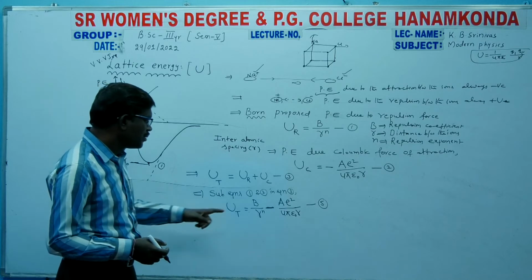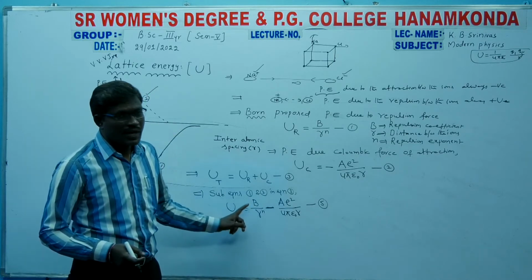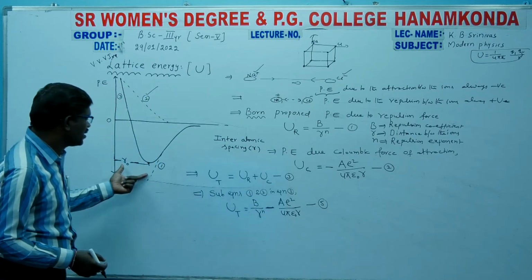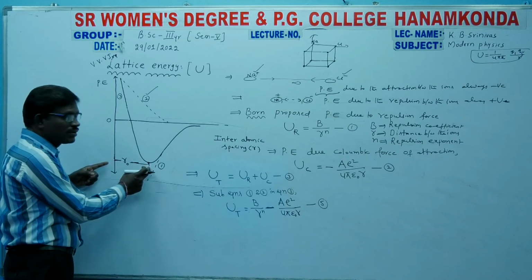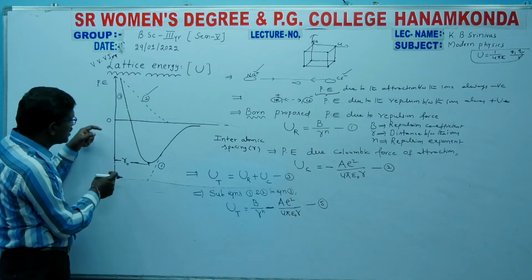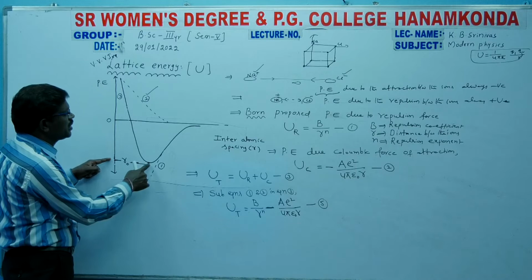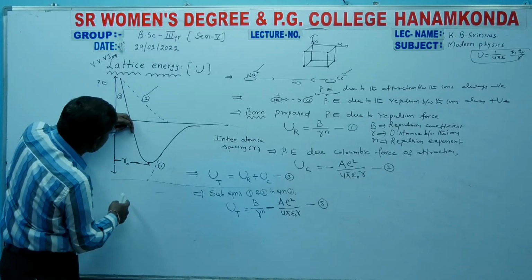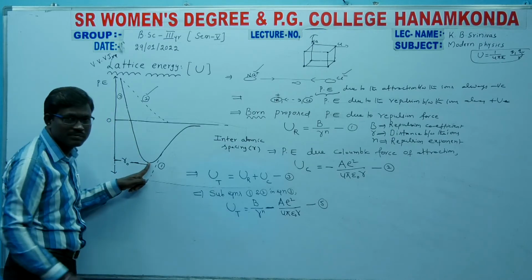I want to calculate the B value individually. Right? To calculate the B value individually, just see the graph carefully. At small r naught distance, potential energy becomes how much? Minimum. As the distance between the two ions reaches r naught distance, the potential energy of the given ions becomes minimum.